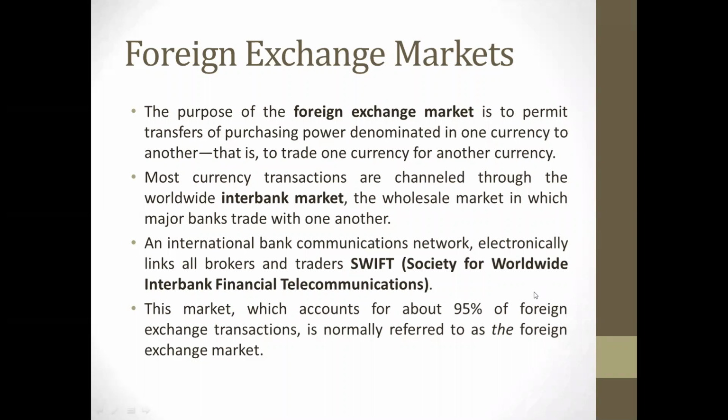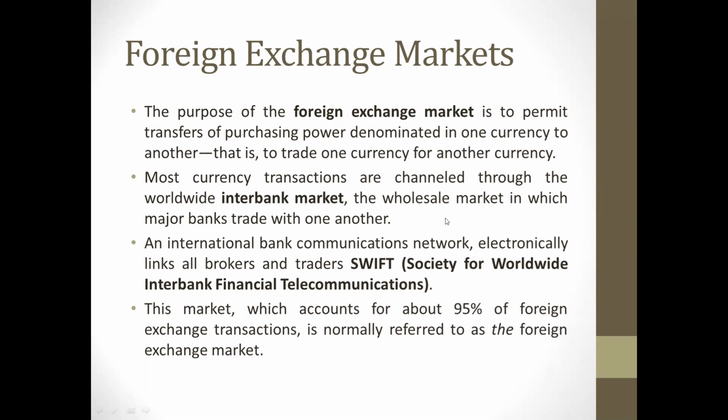Therefore, most currency transactions are channeled through the interbank market. That means when dealing with the foreign exchange market, we cannot do it by ourselves. We have to use the bank transmission process to exchange goods and services using foreign currency denominations. So most currency transactions are channeled through the worldwide interbank market, the wholesale market in which banks trade with each other.